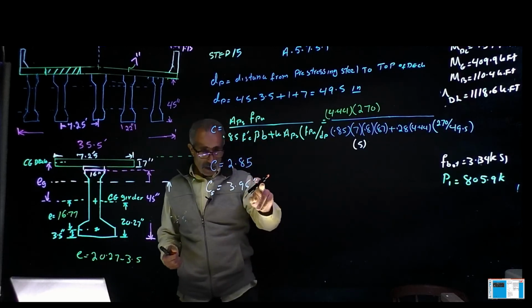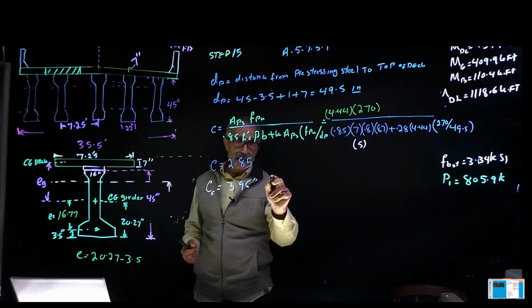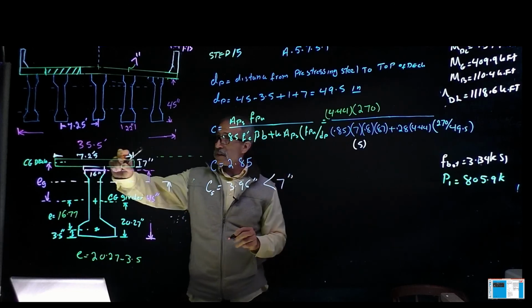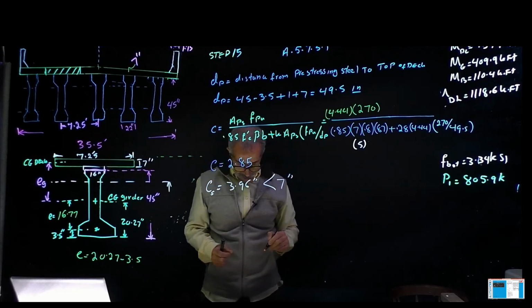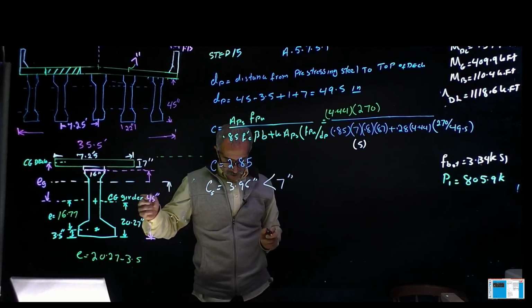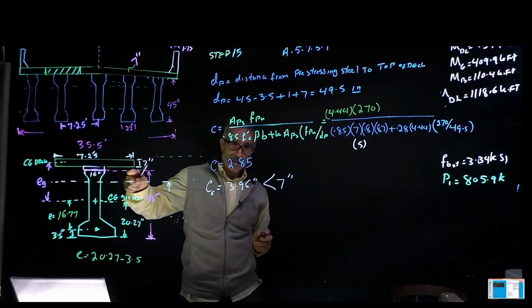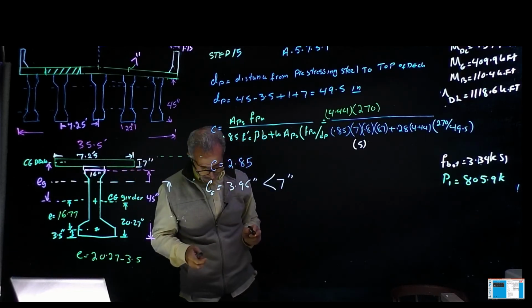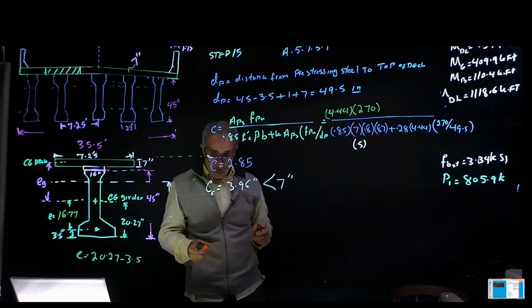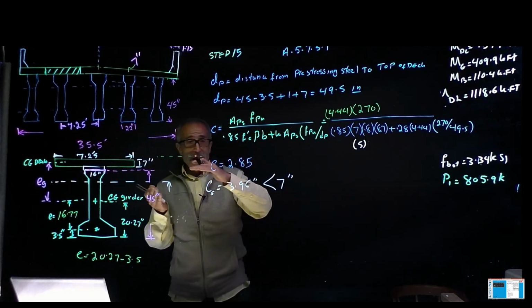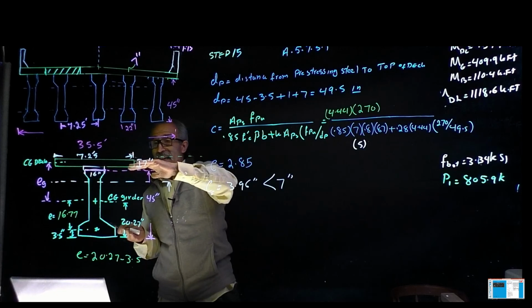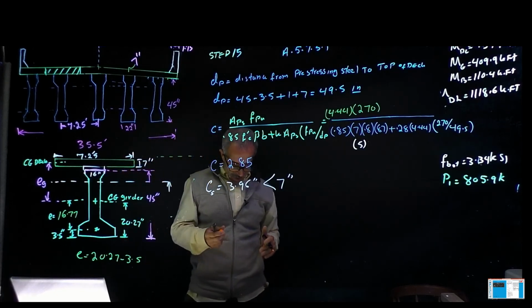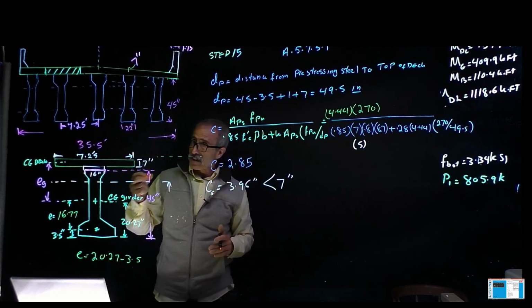So that's still less than 7 inches, which is right here, and our plastic neutral axis is in the slab. Okay? And now, because our plastic neutral axis is in the slab, we have to use it as a rectangular section.